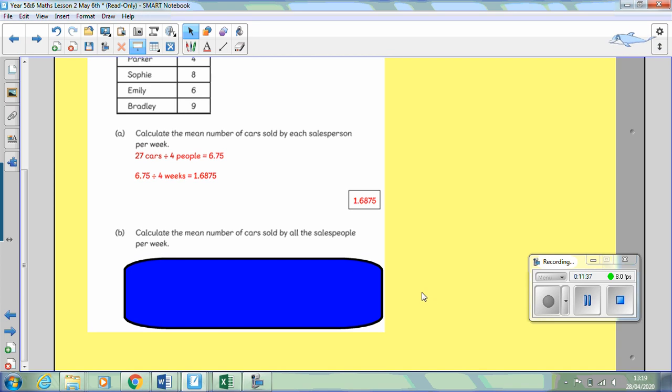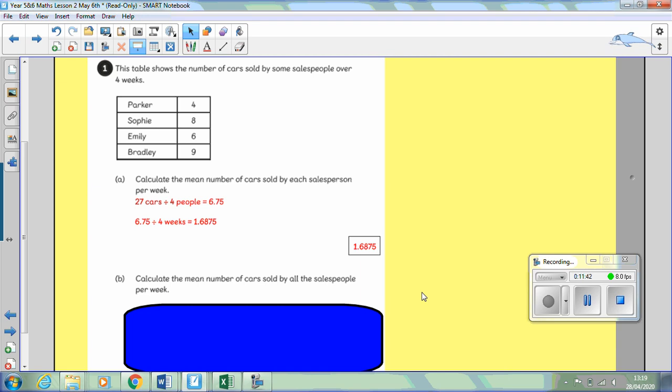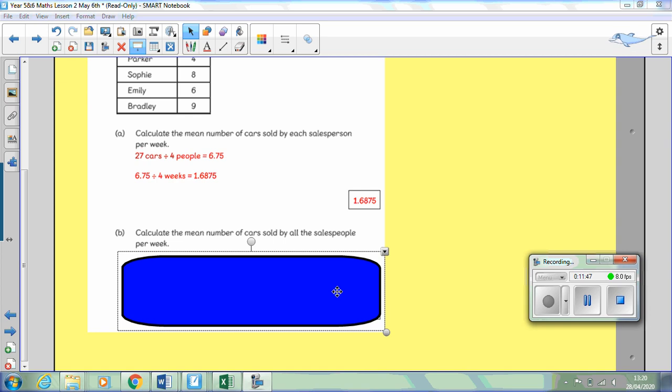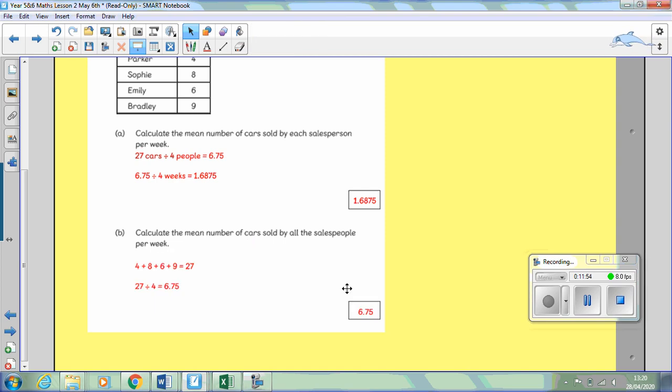Now it says calculate the mean number of cars sold by all the salespeople per week. Press pause and have a go. And the answer to this one is 6.75. Let's move on to the next page.